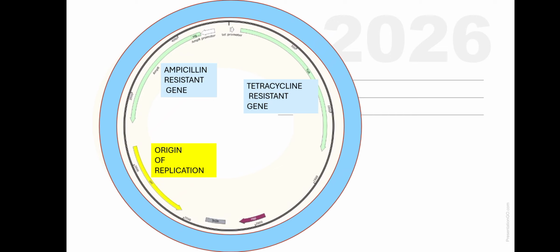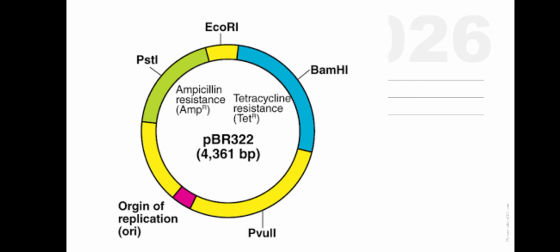So this is an example of pBR322, and it has one ampicillin resistance gene, one tetracycline resistance gene, and one origin of replication, isn't it? Here is another figure of the same, having three different recognition sites, three different restriction enzyme sites.